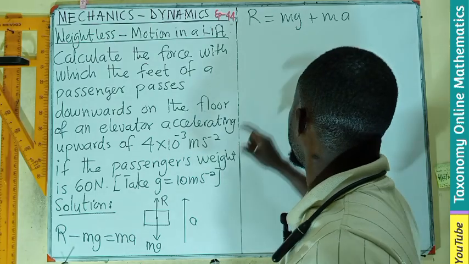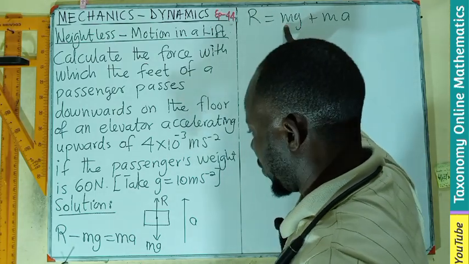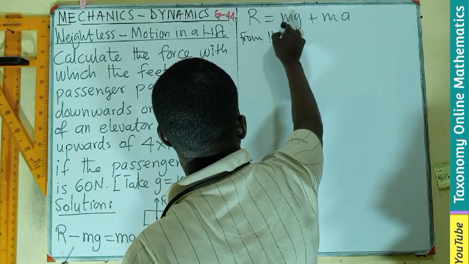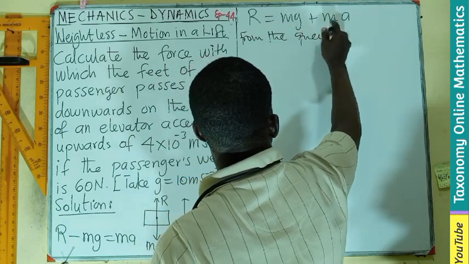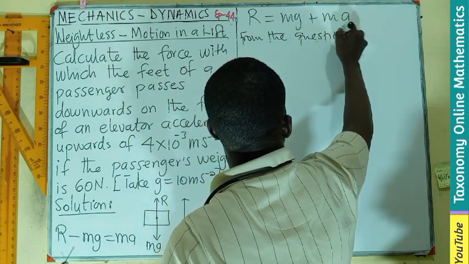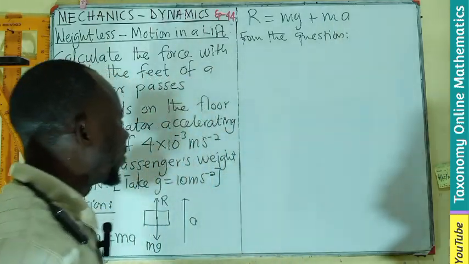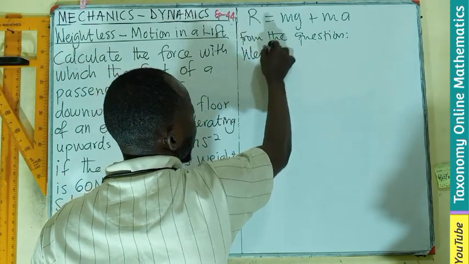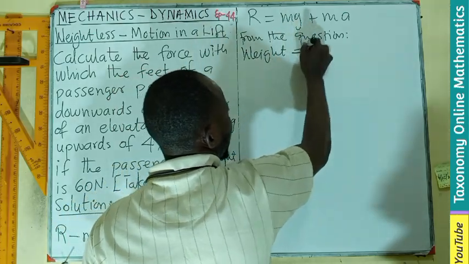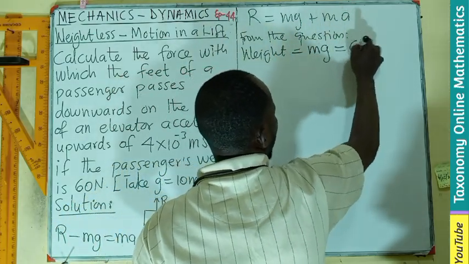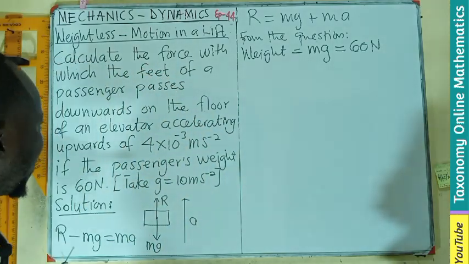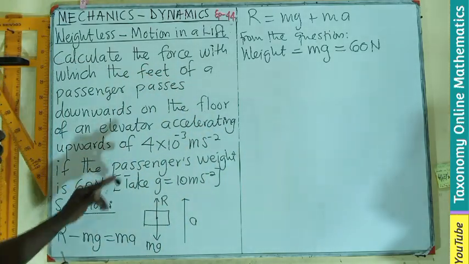Now what do we do? We are going to substitute. Let's look at some of the information given to us in the question. We know the weight, which is mg, equals what? 60 Newton. The weight of the passenger is given as 60 Newton.